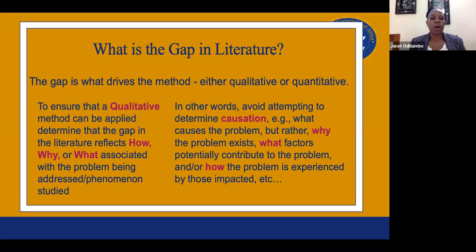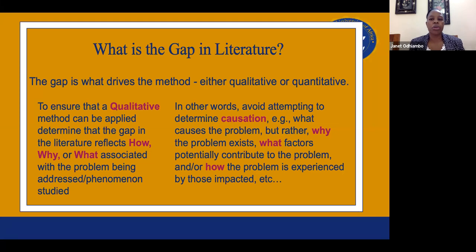To ensure that a qualitative method can be applied, determine that the gap in the literature reflects how, why, or what associated with the problem being addressed. In other words, what I'm saying, avoid attempting to determine the causation, or don't worry much about the cause-effect of it.